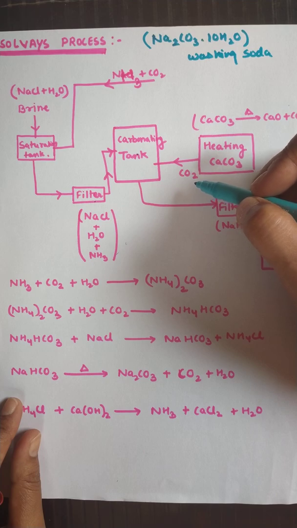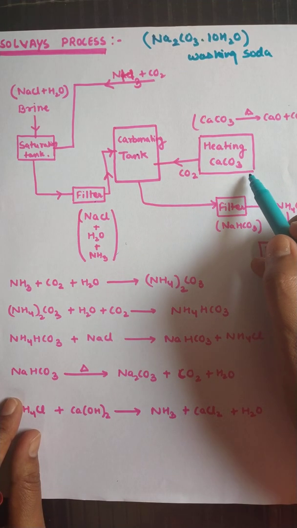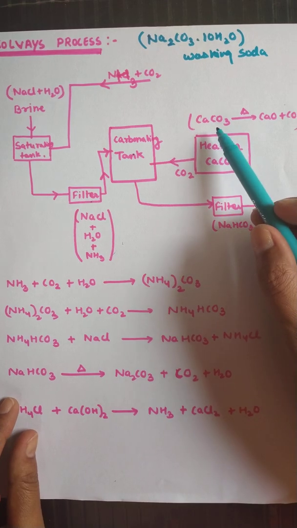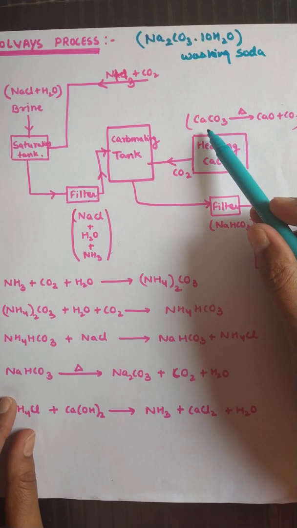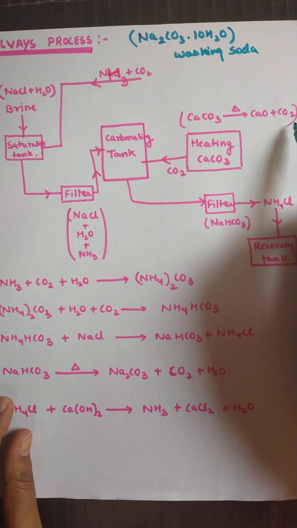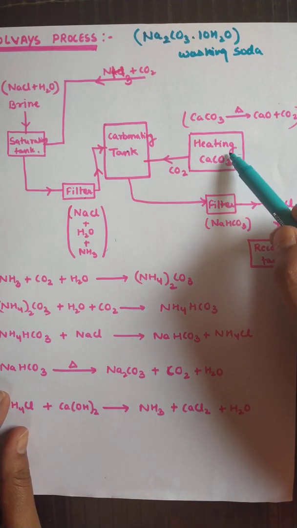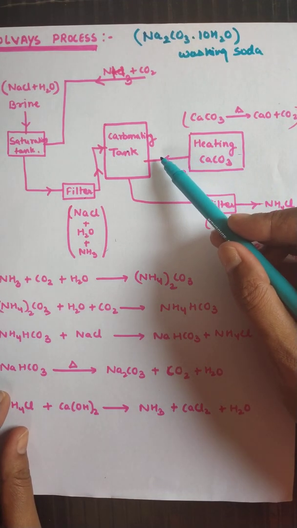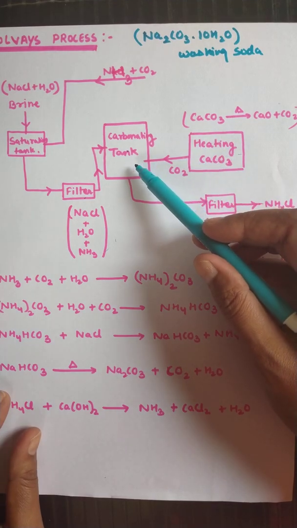This carbon dioxide is produced by heating calcium carbonate. When limestone is heated, calcium oxide and carbon dioxide gas are formed. This carbon dioxide is passed from the heating chamber to the carbonating tank.